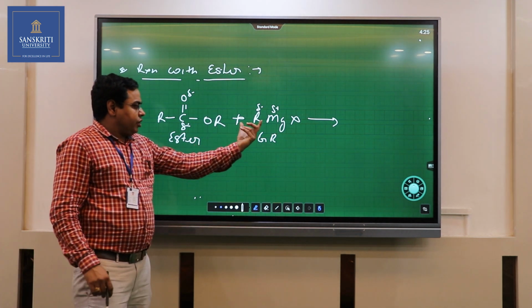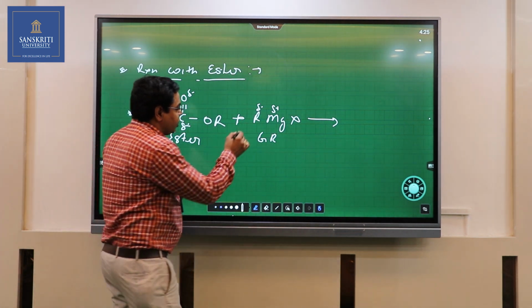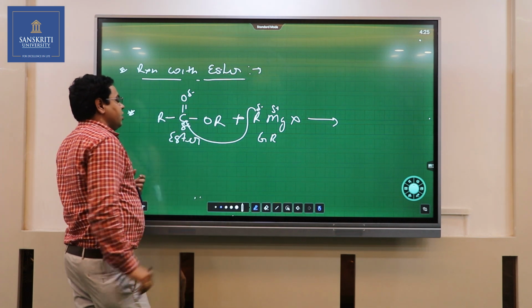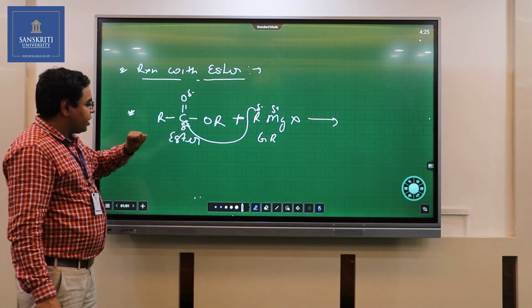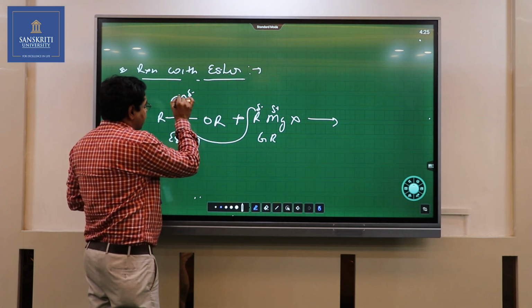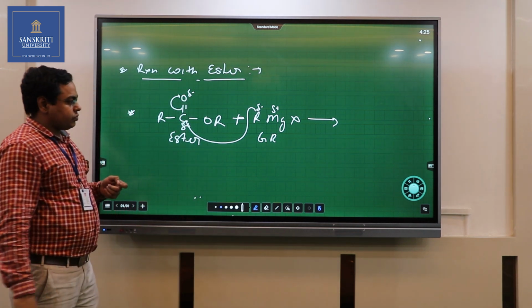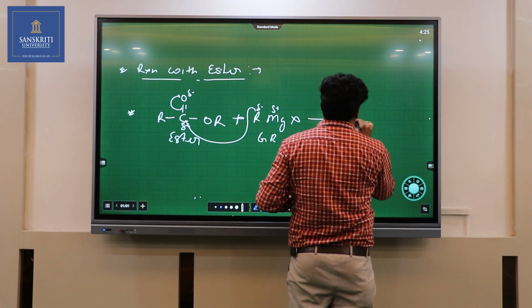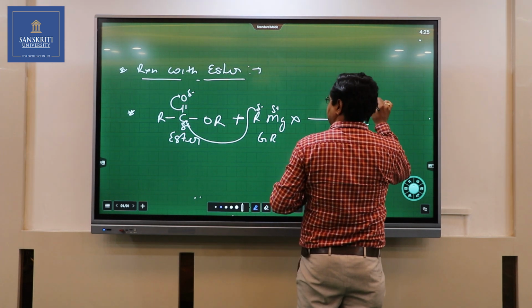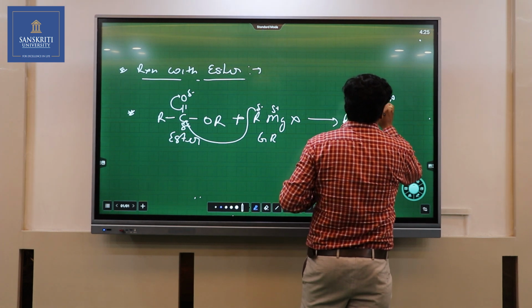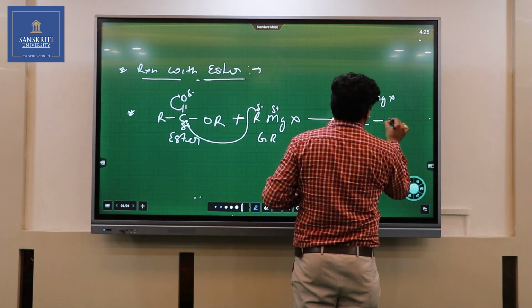The nucleophilic alkyl group attacks the electropositive atom, that is the electrophile, which pushes the electron towards the oxygen atom. We get an intermediate compound like this, with RMgX.